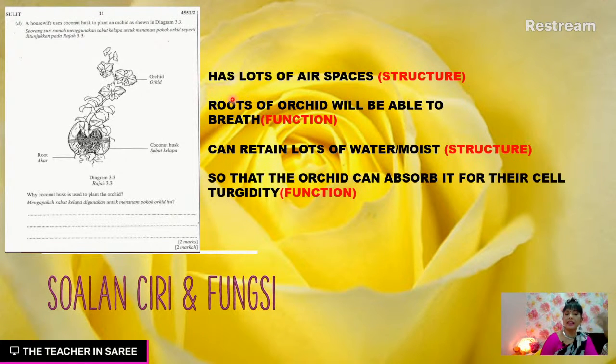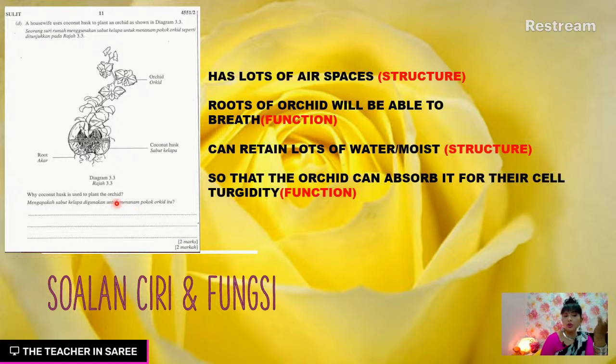So simple. Again, this is what we call a structure and function question. It has lots of air spaces, which is a structure. And for the roots of the orchid, what is the function? So that the roots will be able to breathe, to do gaseous exchange. That is the function. That is why when you plant them there, they can live happily ever after.